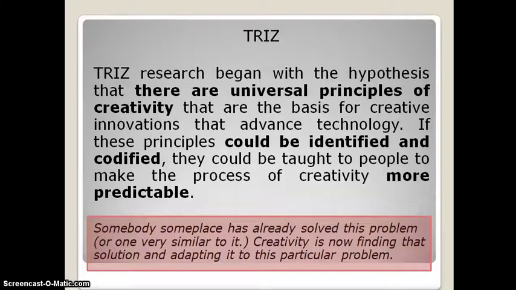If these principles could be identified and quantified, they could be taught to people to make the process of creativity more predictable. Or for easier understanding, we can say that if somebody someplace has already solved this problem or one very similar to it, creativity is now finding that solution and adapting it to this particular problem.